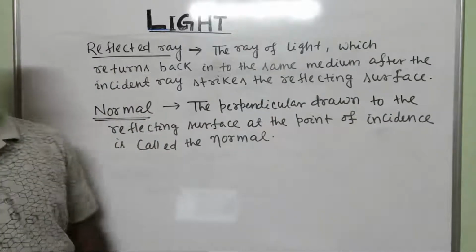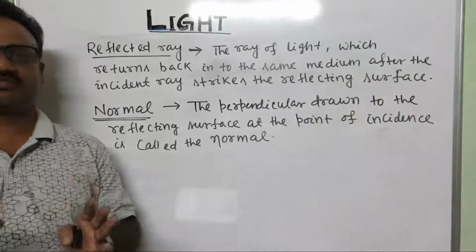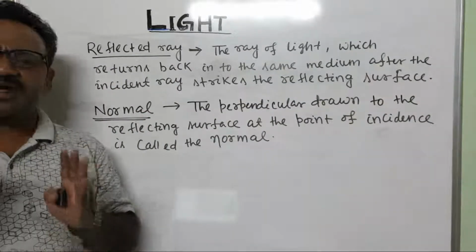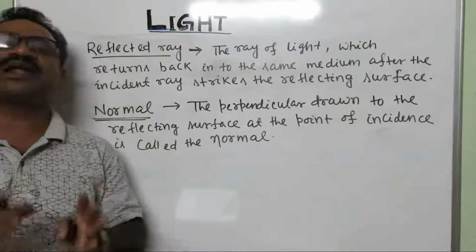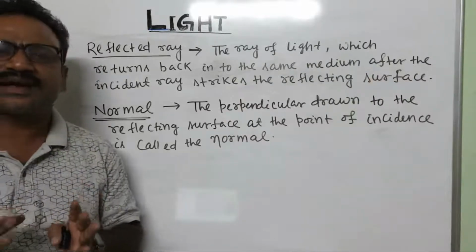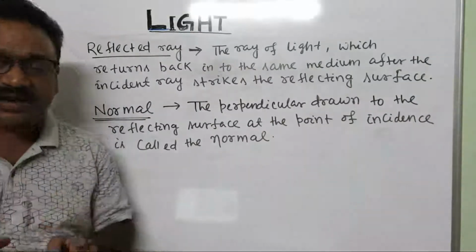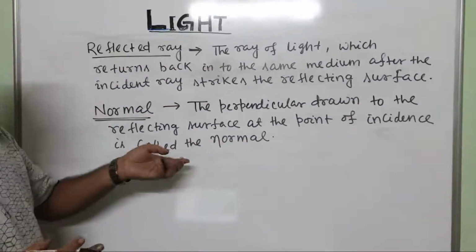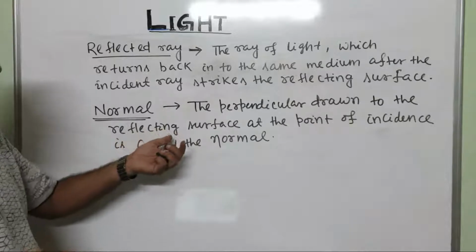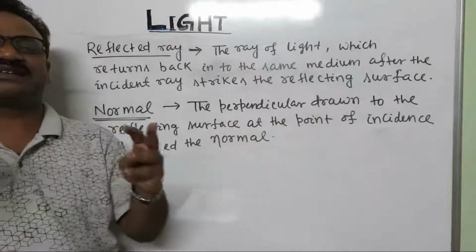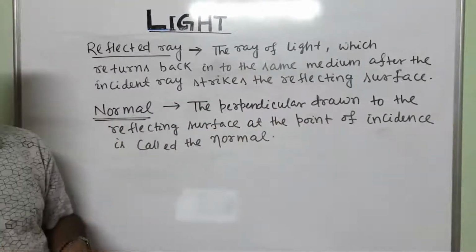Perpendicular means makes an angle 90 degree. So the perpendicular drawn to the reflecting surface at the point of incidence is called the normal.